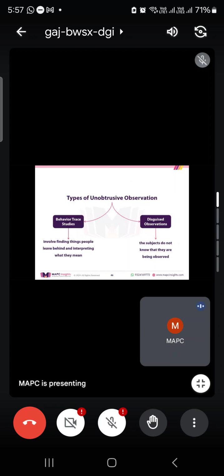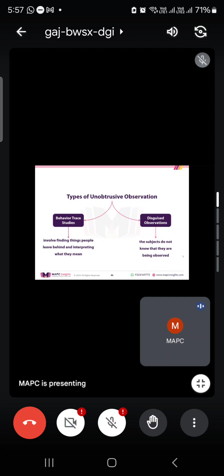Types of this natural observation: behavior trace studies, and the second one is disguised observation. So these are the two types of observation.